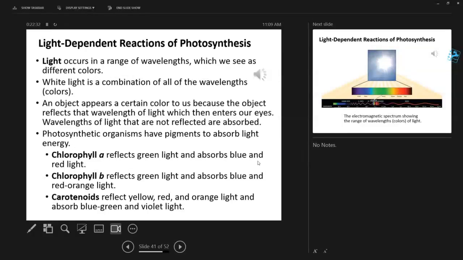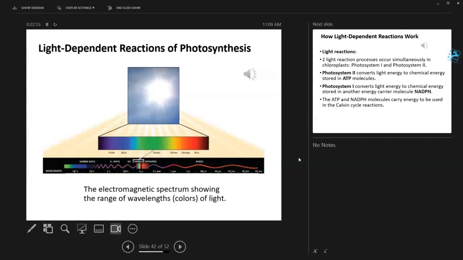They were just covered up by the green. So we saw green, and then when the green disappears in the fall, we start seeing the yellow, red, and orange colors of the leaves right before the leaves die and fall off. Okay.